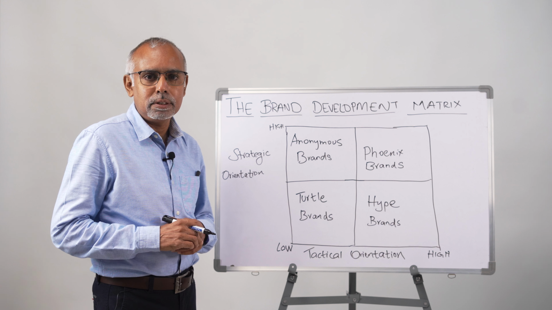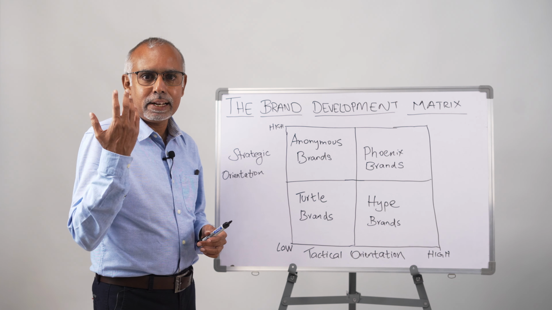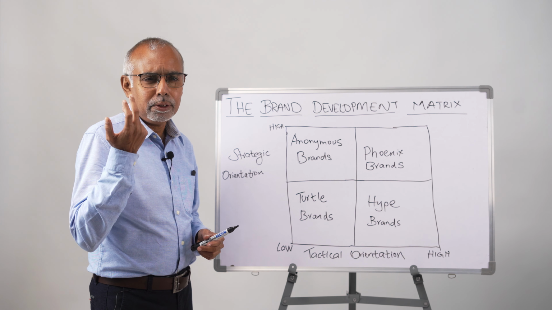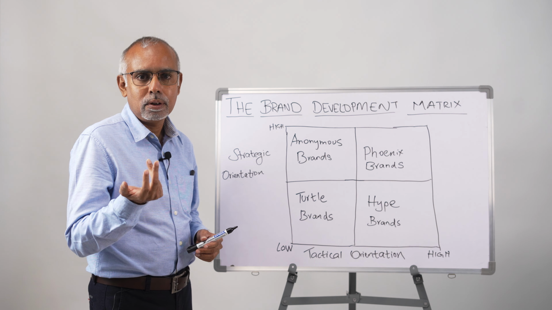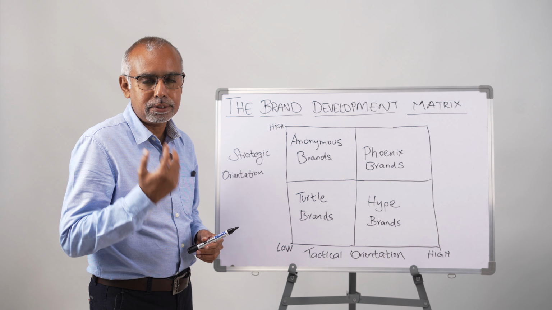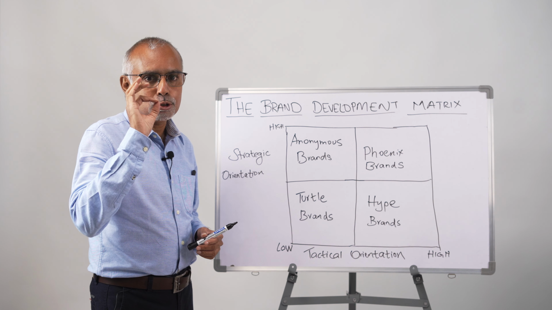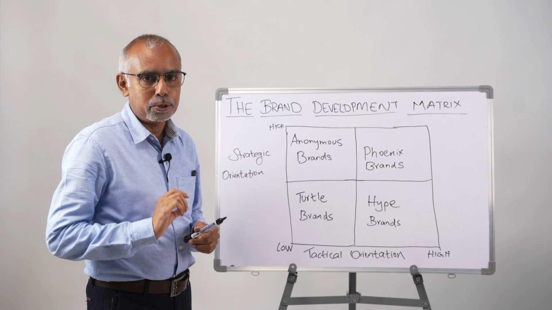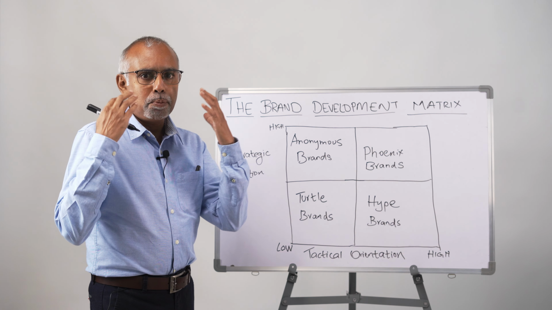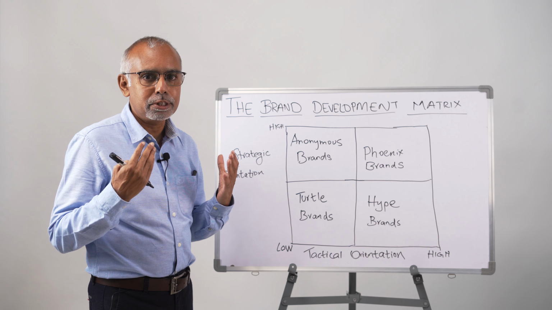Strategic orientation is nothing but you're very clear about your core competencies of your business. I mean your strengths, your weaknesses, and all those stuff. And you strongly link that with brand positioning. It means you're positioning your brand based on your strengths.